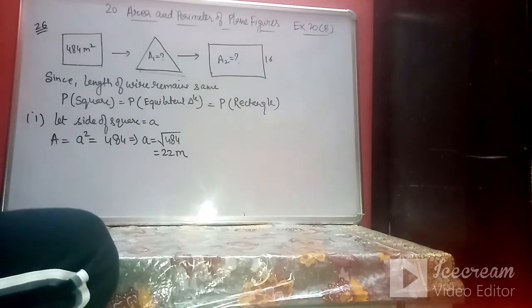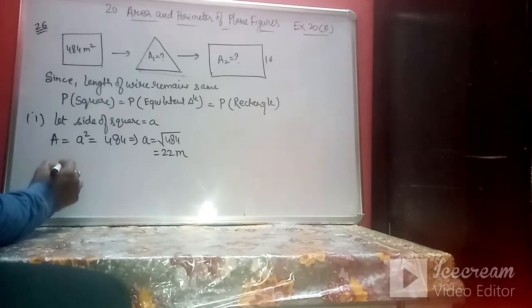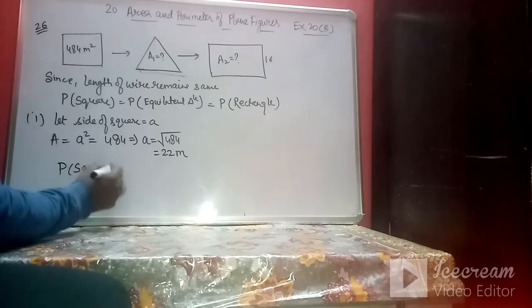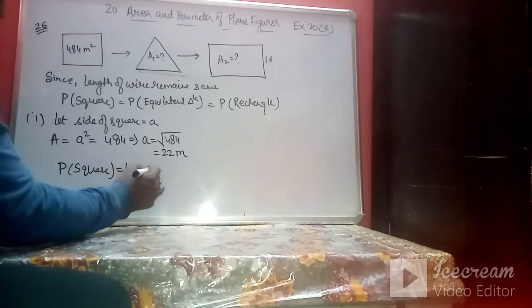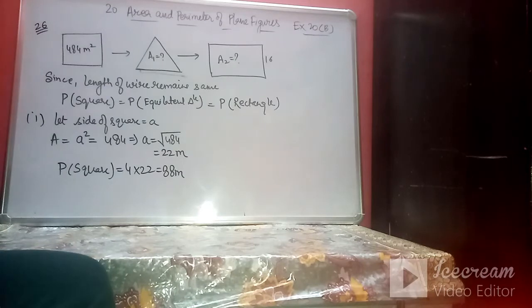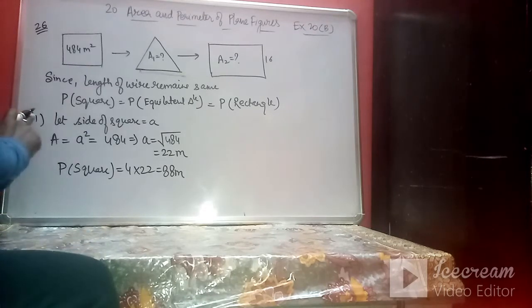So this will be the side of the square. Then the perimeter of the square will be 4 into 22 equal to 88 meters. Now this perimeter will remain constant for each and every part.